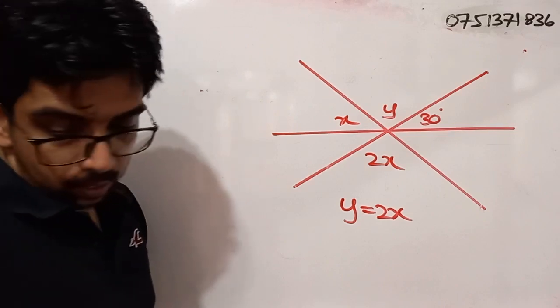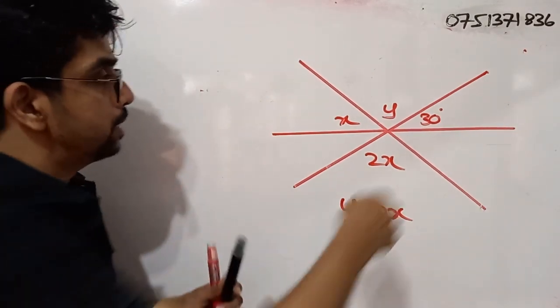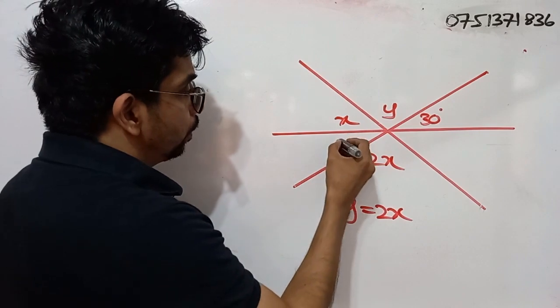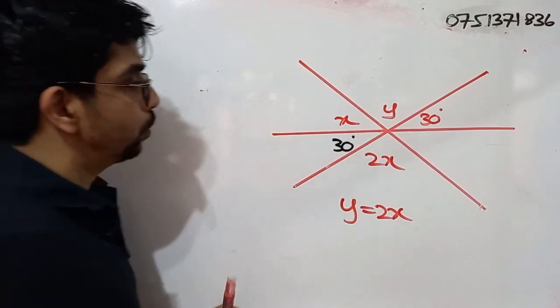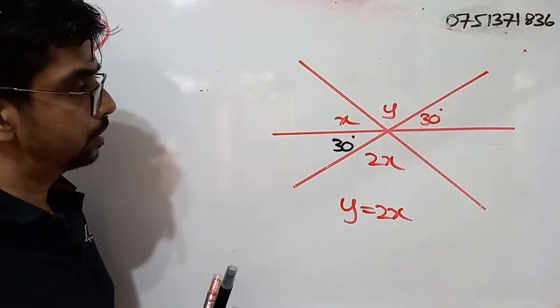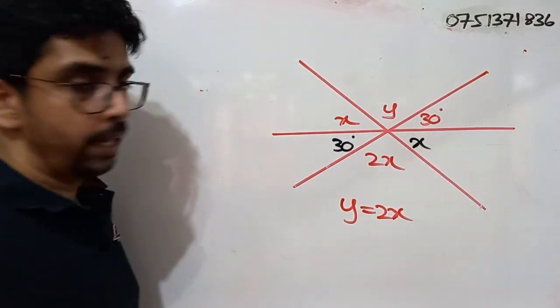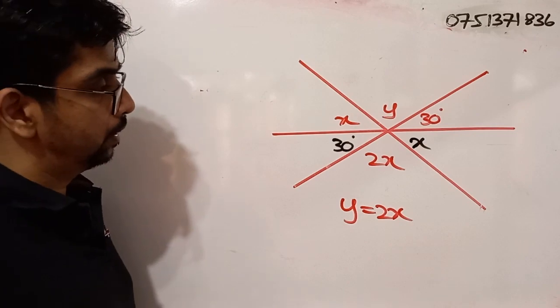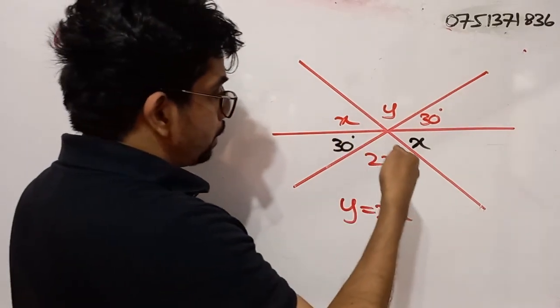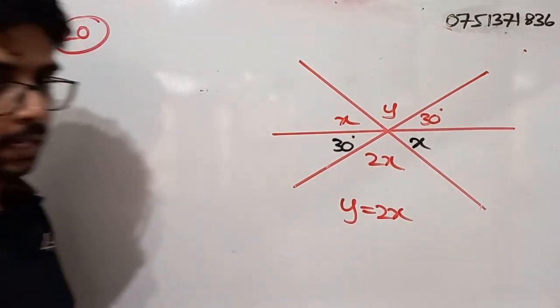Okay. So this angle is 30 degrees, no? So that means this angle is also 30 degrees, opposite angles. This is x, that means this is also x, opposite angles.